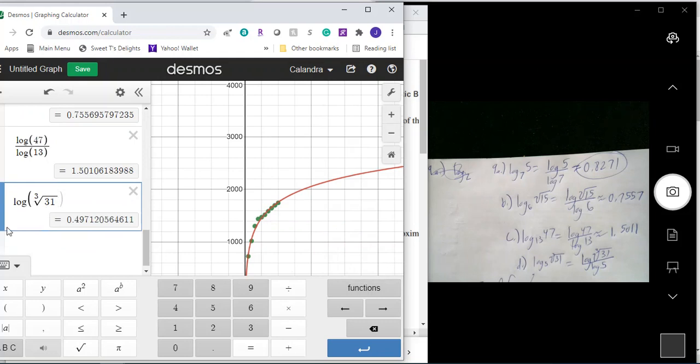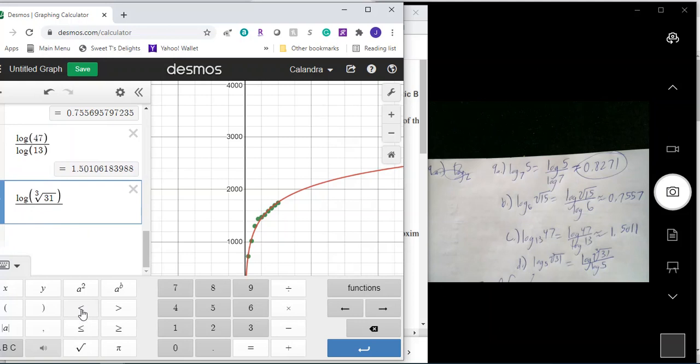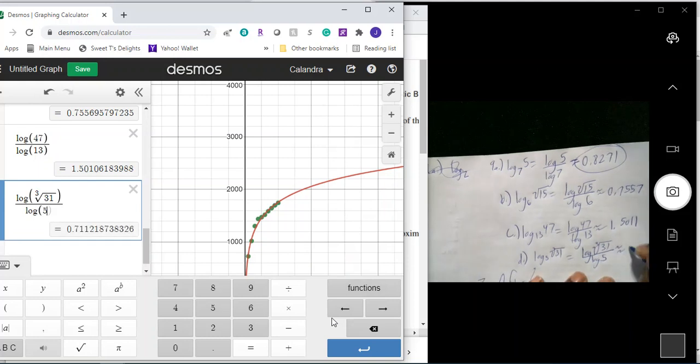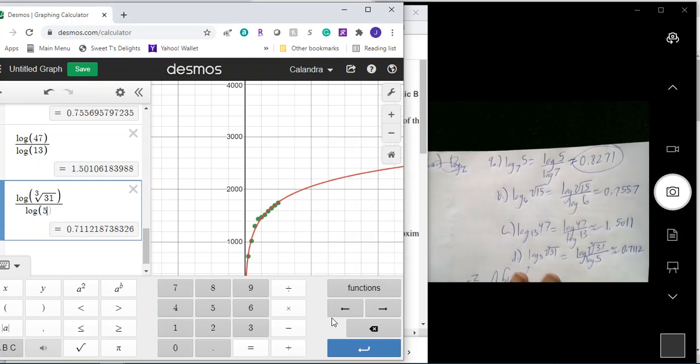Close that parenthesis. Divided by log 5. So that'll give us approximately 0.7112.